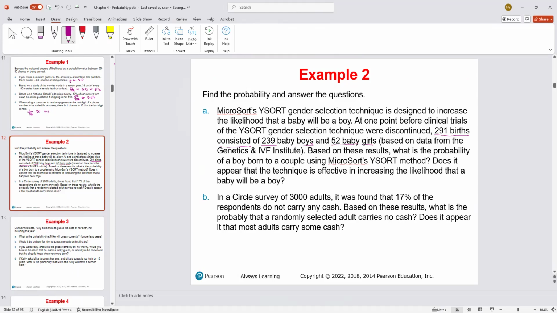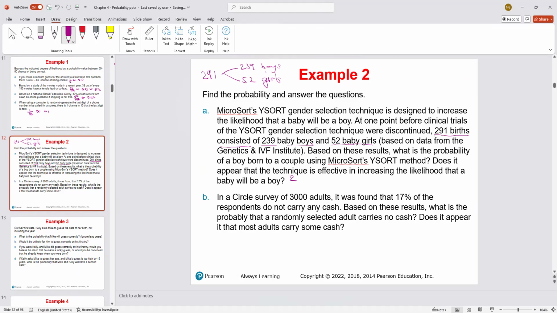Remember, when you have 291 babies, 239 of them are boys and only 52 girls, right? Based on data from a genetic and IVF institute. Based on this result, what is the probability of a boy born to a couple using that method? What probability did you get for a boy?